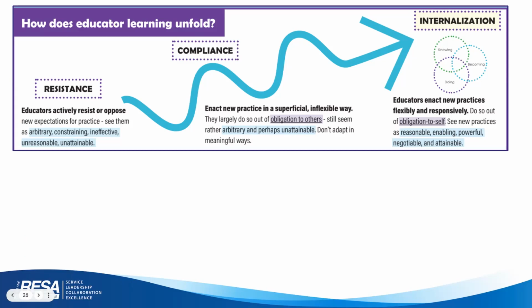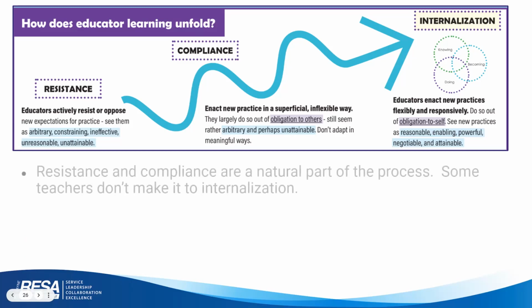For whatever reason, they've seen that it's helping students, they're finding more joy in the classroom, but they've started to internalize that practice. And so that's all to say that resistance and compliance are a natural part of that process.